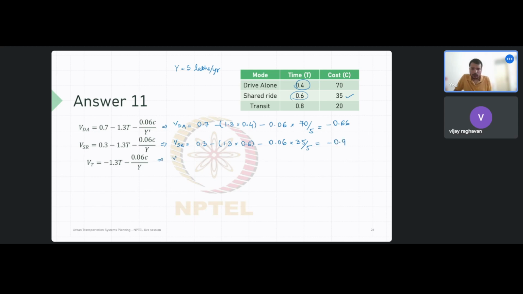Finally, the third one, transit. So it is minus 1.3 into T, which is 0.8, minus 0.06 C, which is 20 by 5.